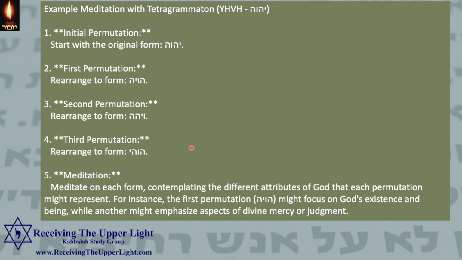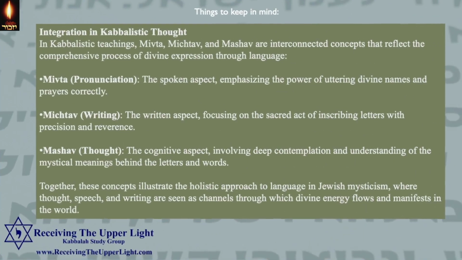As you move them around. So make sure that you understand the meaning of the words, the meaning of the letters that you are meditating. And in this way, you will have a better understanding of what you're doing as you meditate and use the tzeruf, okay?